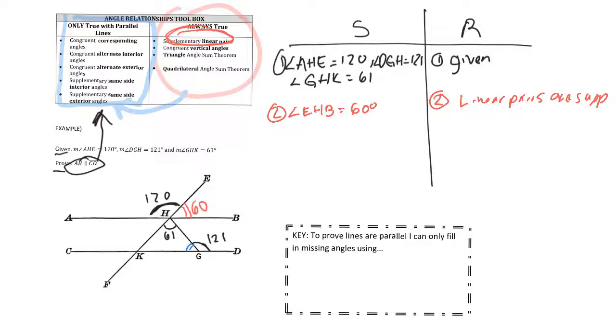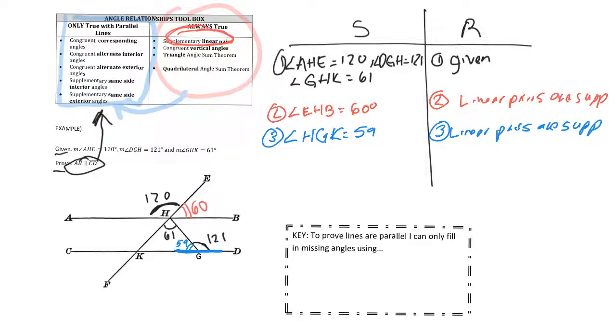Well, I see another linear pair here. So this angle must be 59 because 121 plus 59 would equal 180. So step 3, angle HGK, and this is the same reason, because linear pairs are supplementary.